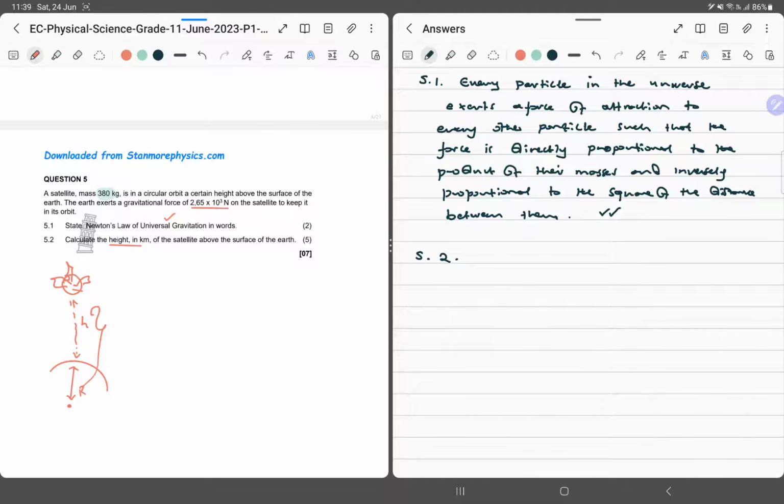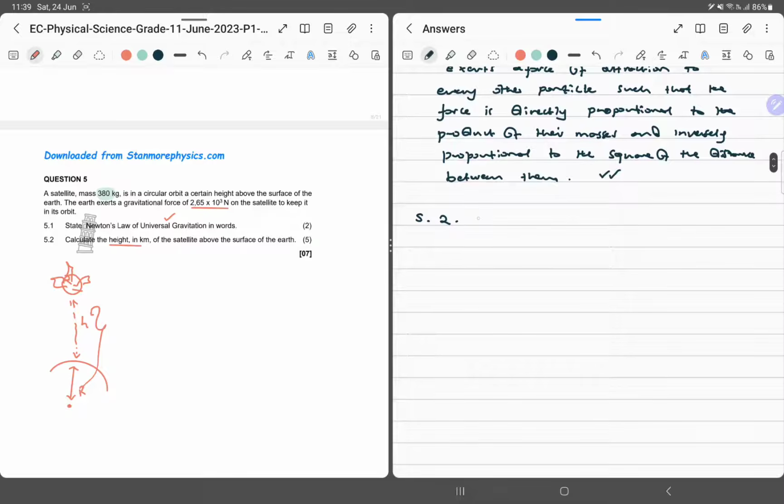Easy stuff. So we're going to say the gravitational force of attraction is going to be big G, big M, small m for the satellite, over r squared, okay. We can just write the formula as it appears.